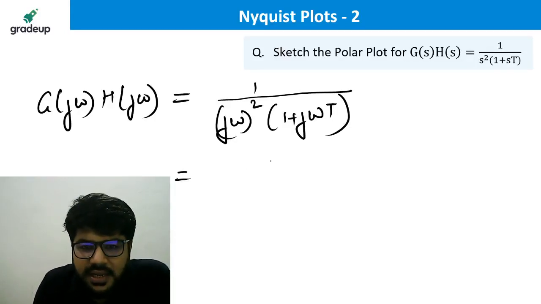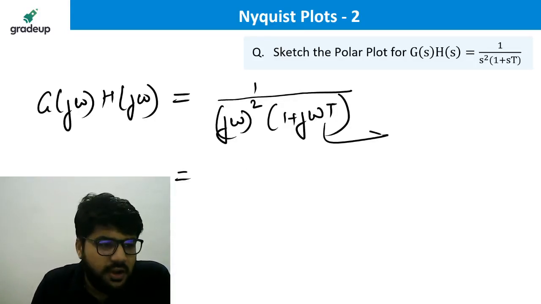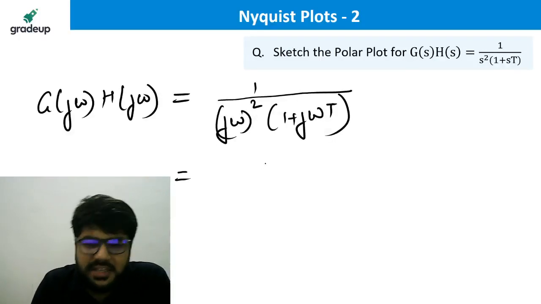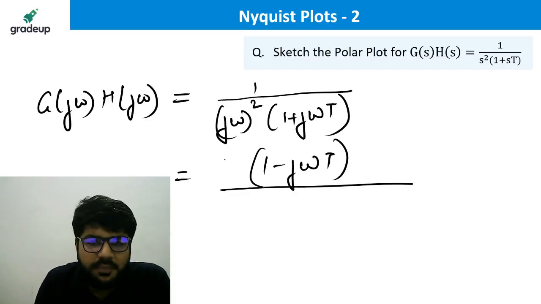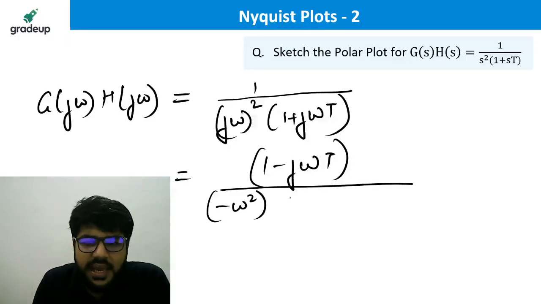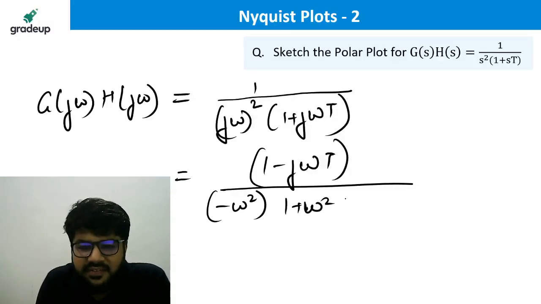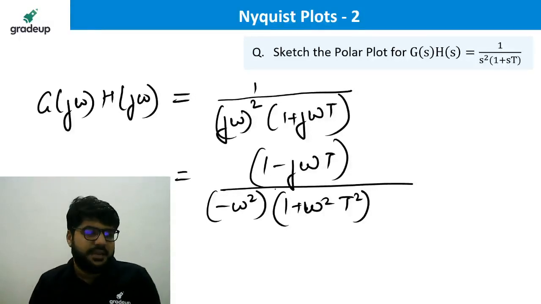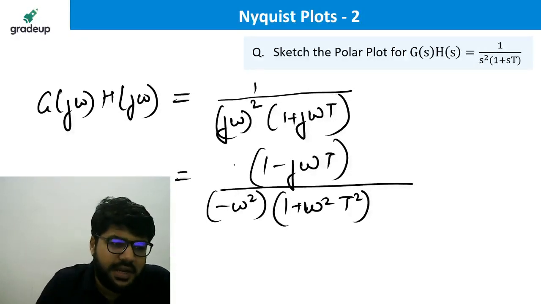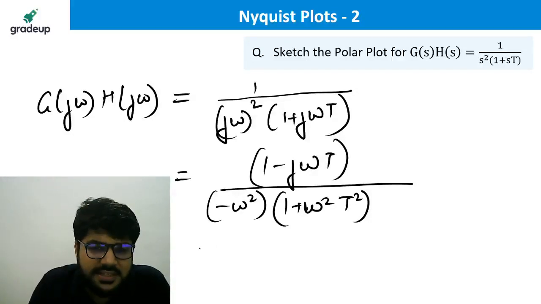This is equal to, first of all, denominator x plus jy, so I will rationalize it by 1 minus j omega T. Now the denominator is (j omega) whole square, so j square is minus 1, into (1 minus j omega T), and we multiplied the numerator as well, so it is directly 1 plus omega square T square, like yesterday. Whatever calculations can be continued from yesterday, I will continue. Yes guys, very good, that is correct, it will be in the second quadrant.